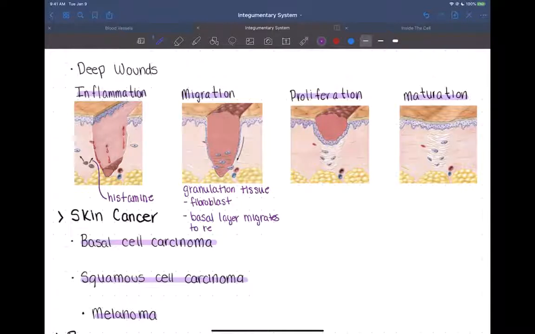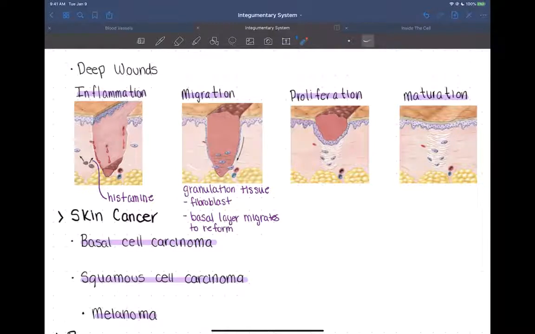Because remember, it's looking for that contact inhibition. It wants to see other basal cells on the other side of it here. So it's going to keep migrating. This side will keep migrating until they meet, and then you have that contact inhibition.